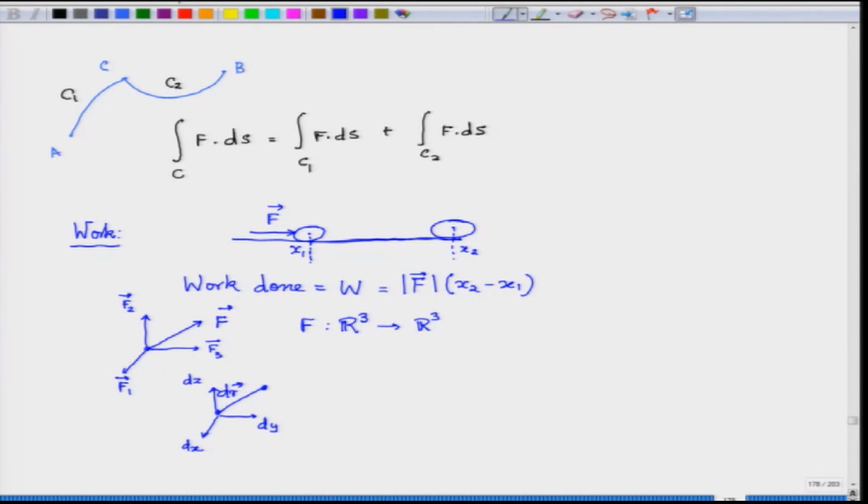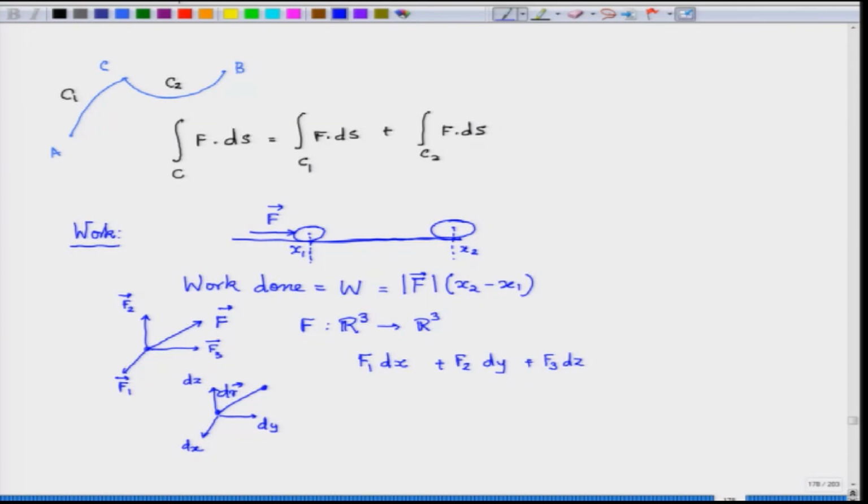So along the direction of x, the work done is F1 into dx. Along the direction of y, the work done is F2 into dy, and along the direction of z, the work done is F3 into dz, because the components are decomposed along length, breadth and height.